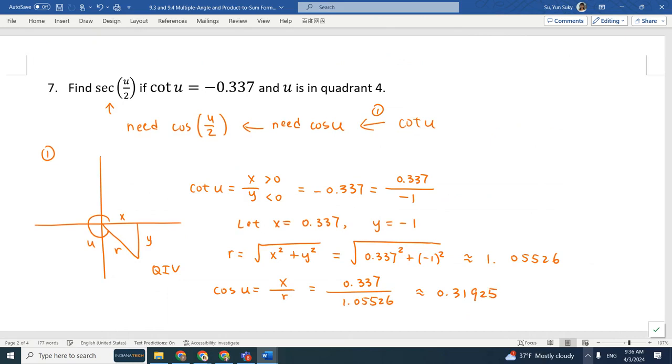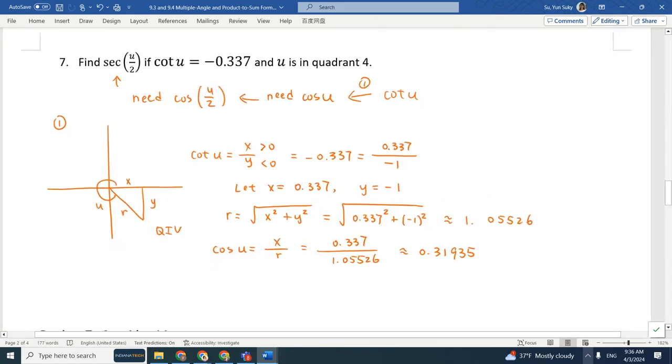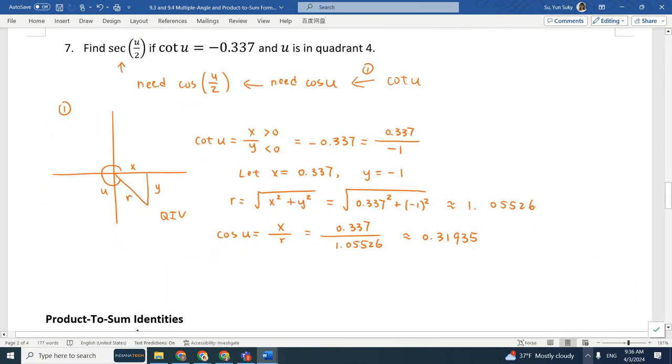Oh, you get a different answer? Because you missed a 0 here, it's 1.05526. Okay. So this is cosine u.